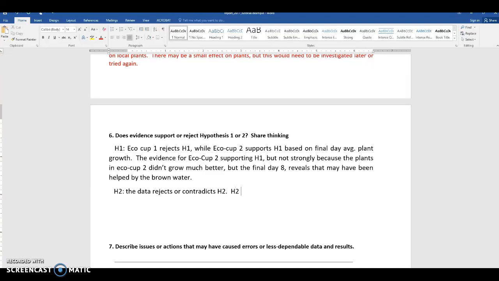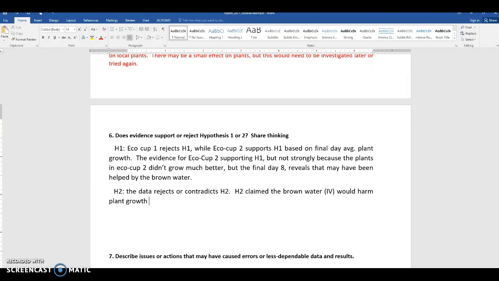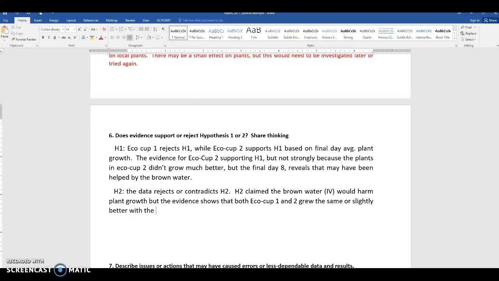We'll say hypothesis 2 claimed the brown water, that's the independent variable, would harm plant growth, but the evidence shows that both EcoCup 1 and 2 grew the same or slightly better with the brown water applied.